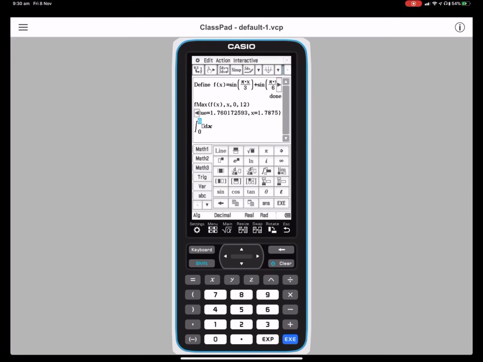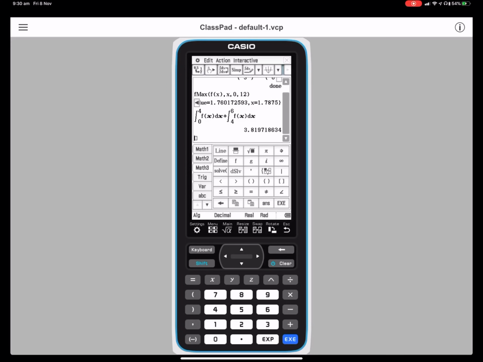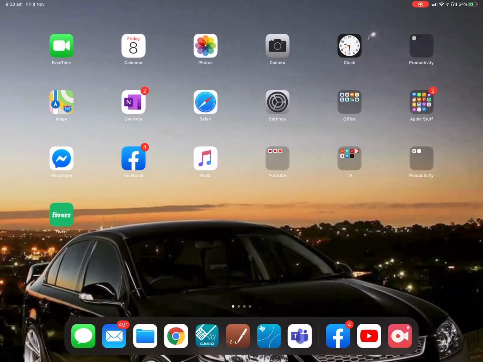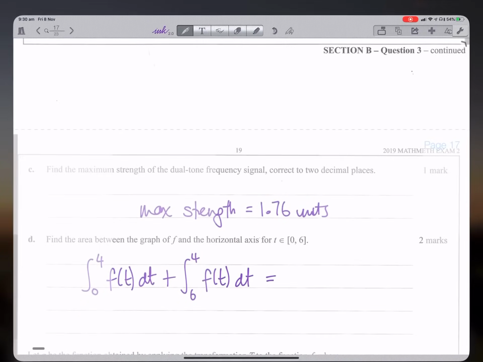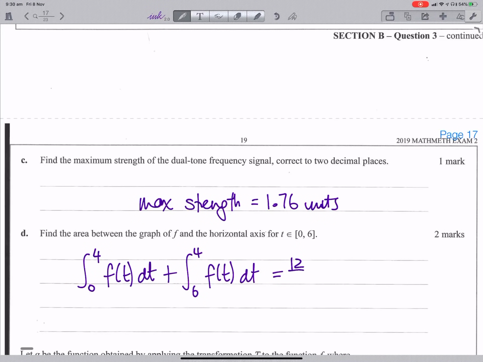Okay, so 0 to 4, f of x dx plus 4 to 6, on pi square units.